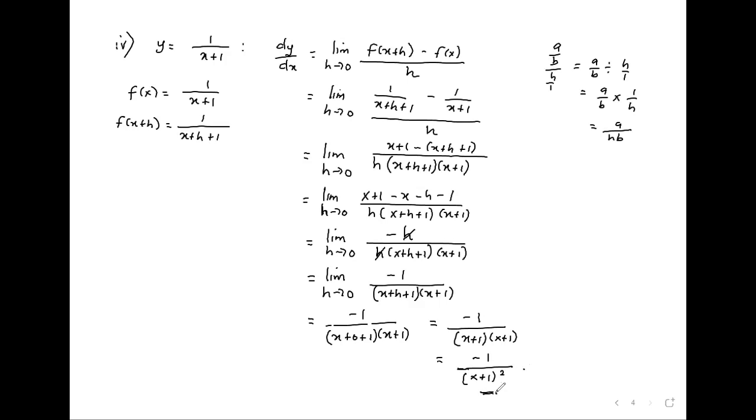So this was the mini question. Now you are asked to answer 1 over the root of x plus 1, which should be dy/dx, the limit as h goes to 0 of f of x plus h minus f of x over h.